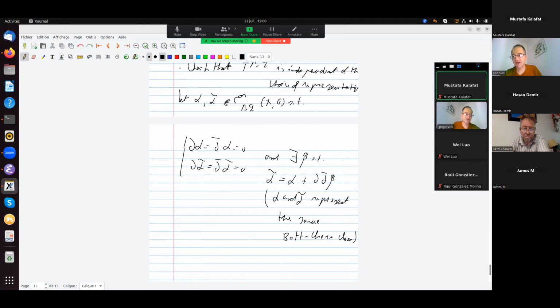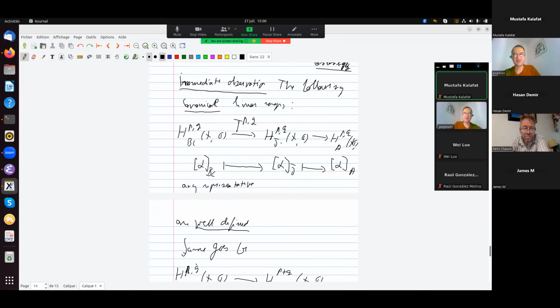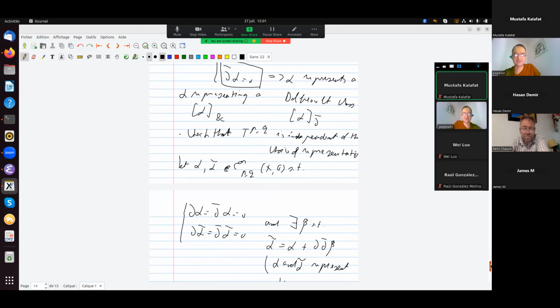And now in order to show that our map TPQ is well defined, we need to show that on arrival, they represent the same Dolbeault class. So if they represent the same Bott-Chern class on departure, they must represent the same class on arrival. Because otherwise, the map would depend on the choice of representative, so it wouldn't be well defined.